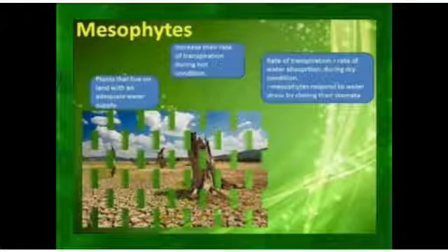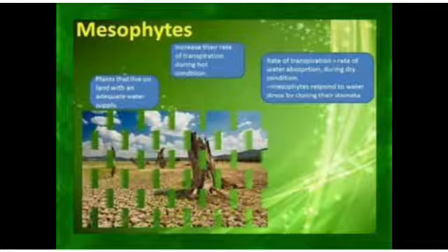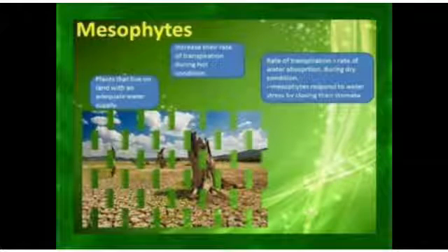Mesophytes are terrestrial plants which are neither adapted to particularly dry nor particularly wet environment. These are land plants of temperate zone which grow in well-watered soil. They have broad, flat and green leaves. They have well-developed root system and shoot system.